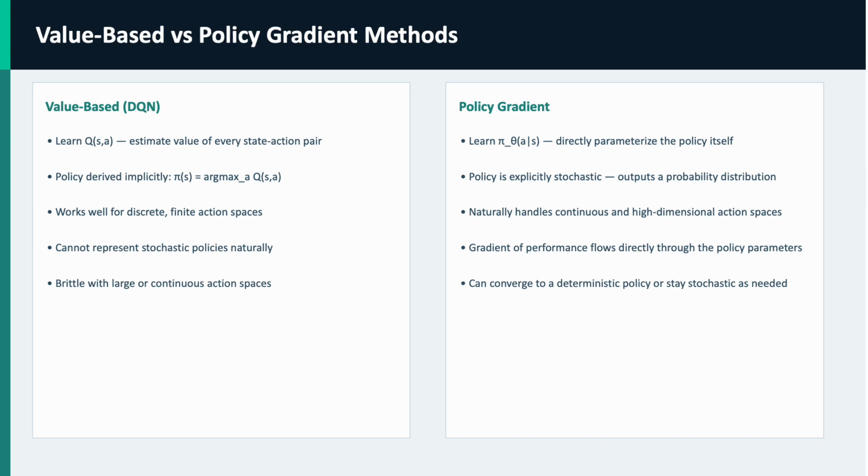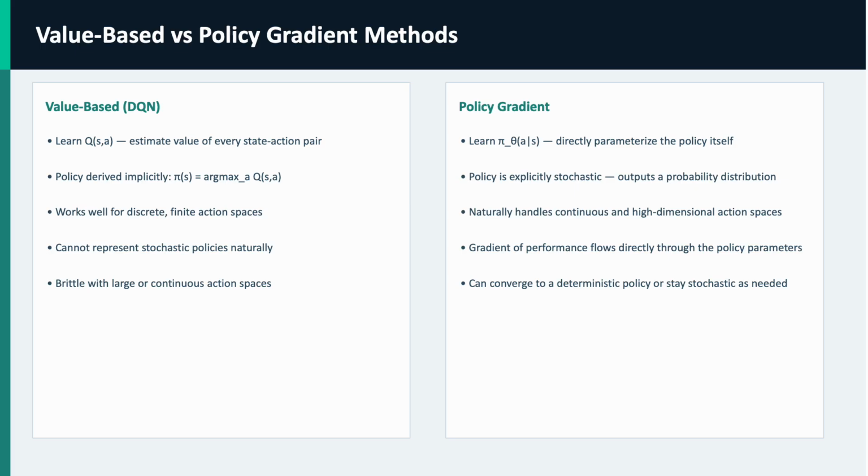It fails for continuous actions because you would need to solve an optimization problem at every step just to evaluate the policy, and it can't represent policies that should be stochastic, like a mixed strategy in a game.